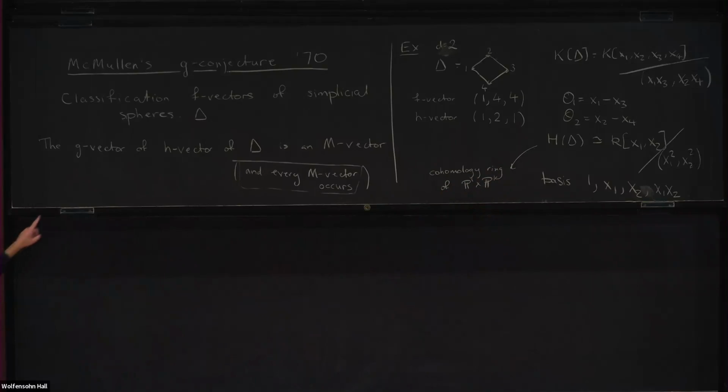What were the other things we need to translate? Well, we had the fact that as a topological space, we had a sphere. That should mean something in commutative algebra. So this condition implies something stronger than Cohen-Macaulay, that this ring is something called Gorenstein.